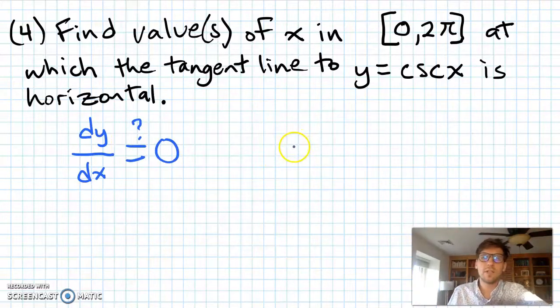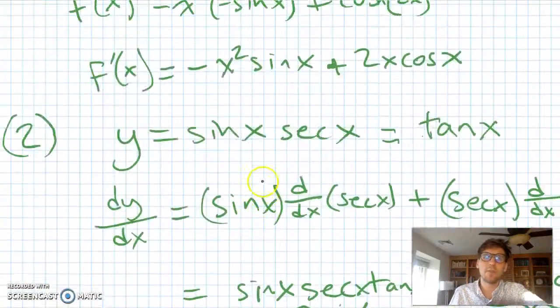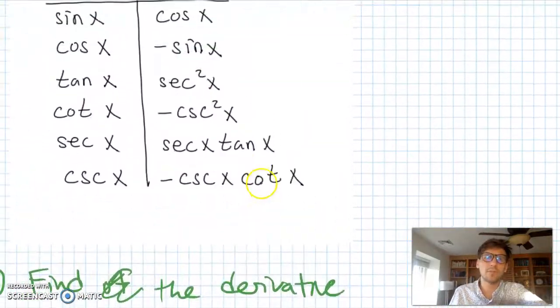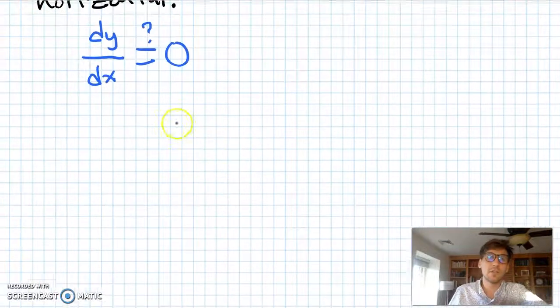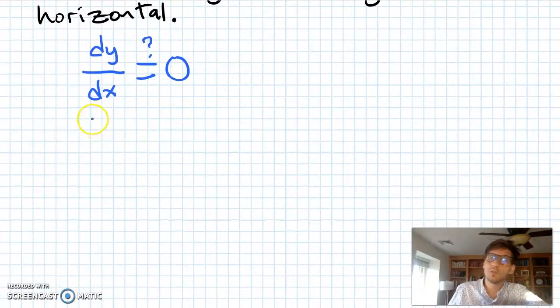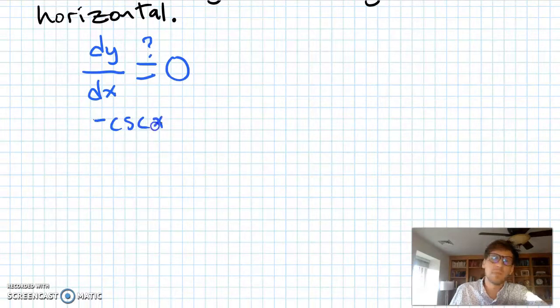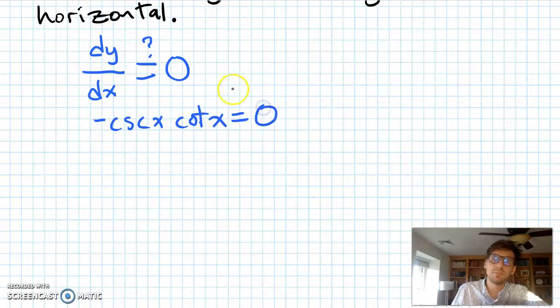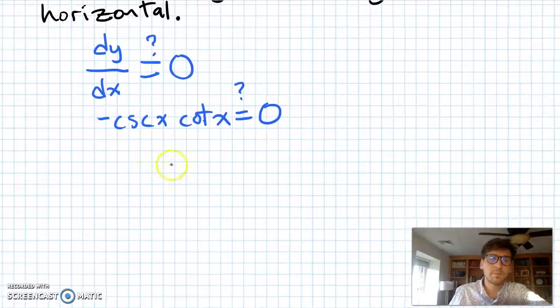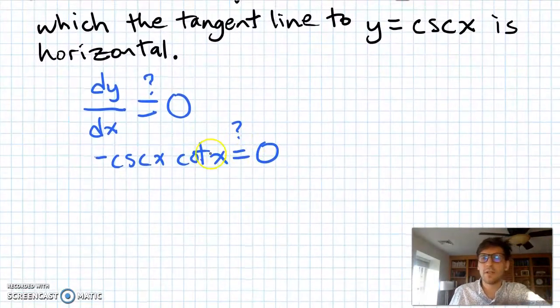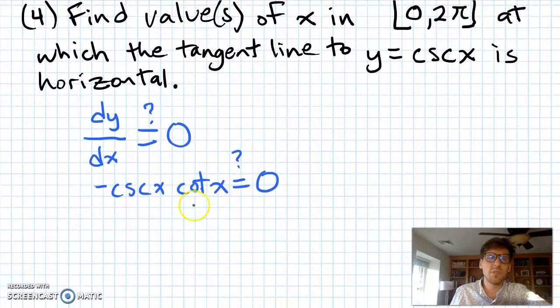Well, the derivative of cosecant x, as you may remember from our chart up here above, is negative cosecant x times cotangent of x. This is going to be a fun one to work out. So where does negative cosecant x times cotangent of x equal 0? Because that'll tell us where it's horizontal, where it has a slope of 0.